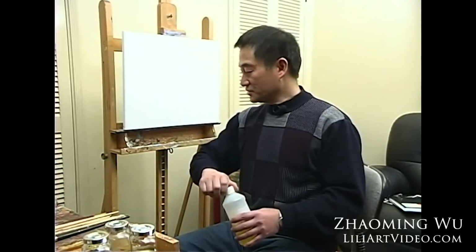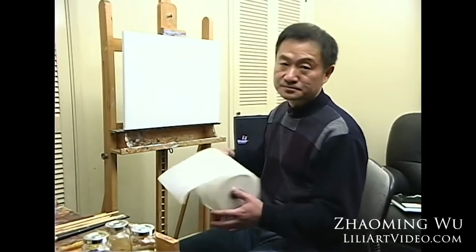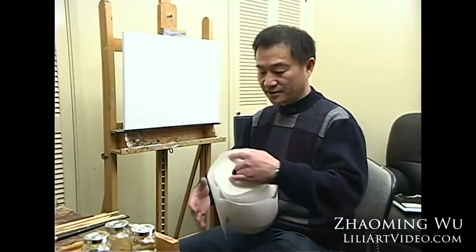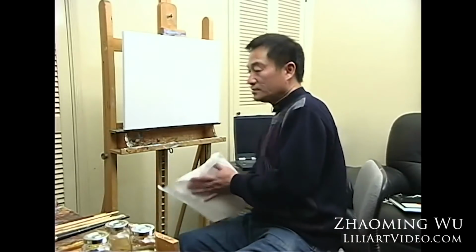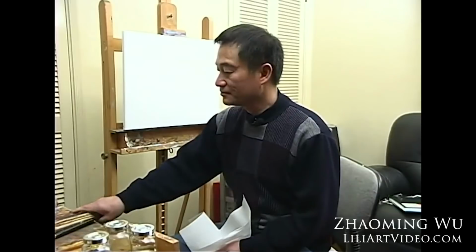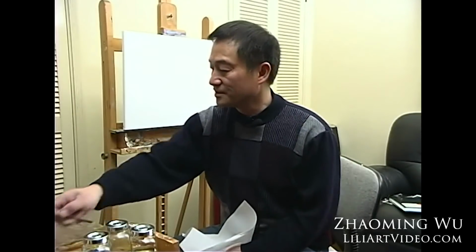It doesn't mean the liquid is no good, but I just get used to using a mixture of turpentine and linseed oil. Well, palette. Let me discuss a little bit about palette arrangement.